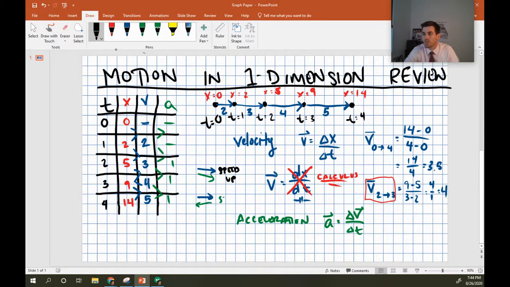And that holds true even if the velocity vectors are going in the opposite direction. If they're both going to the left, then it's speeding up. The only difference is it's speeding up to the left.